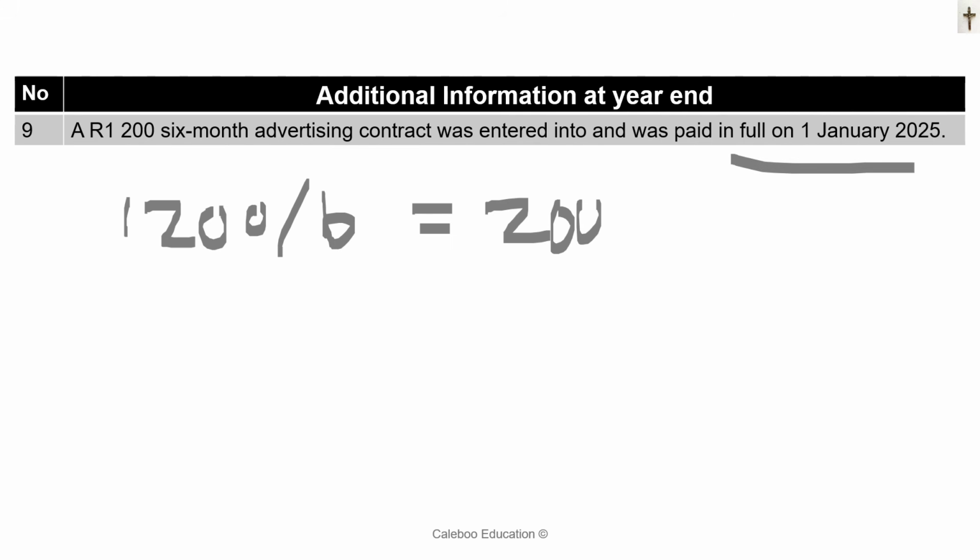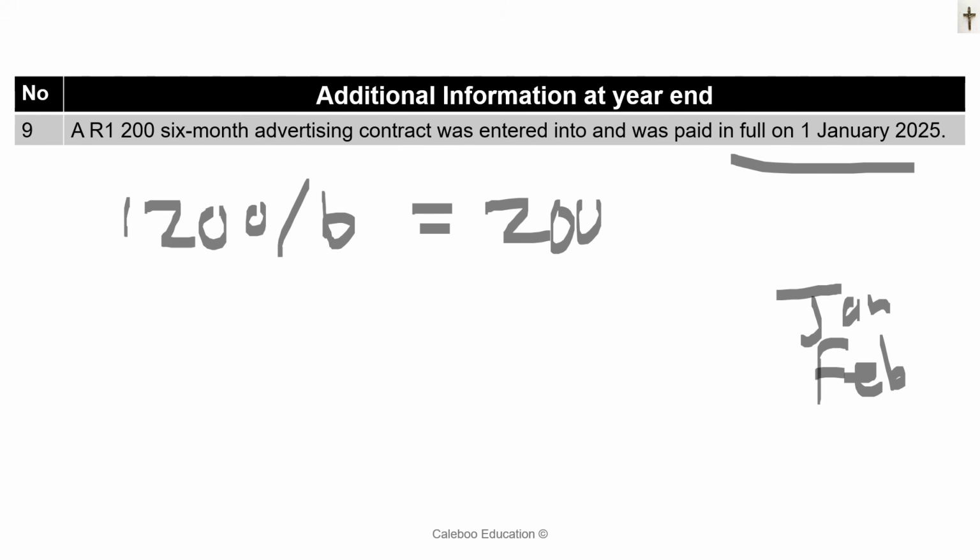When was this paid? On the 1st of January 2025. Where are we? The 28th of February 2025. So we should only be paying for January and February. That's the expense that has been incurred until our financial year end.